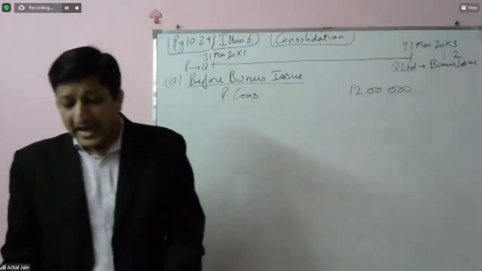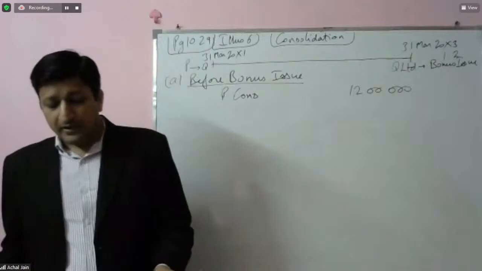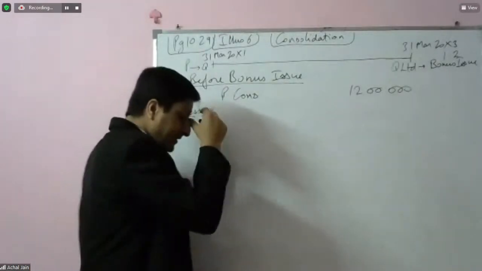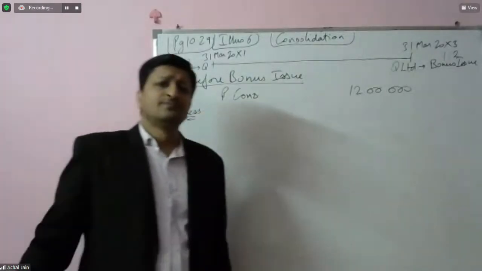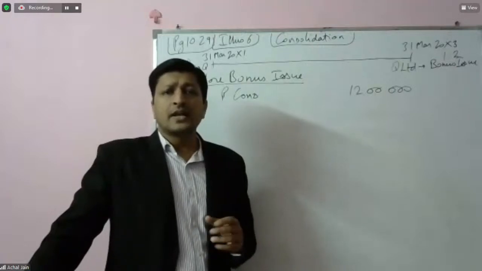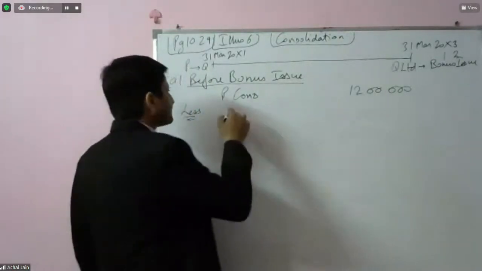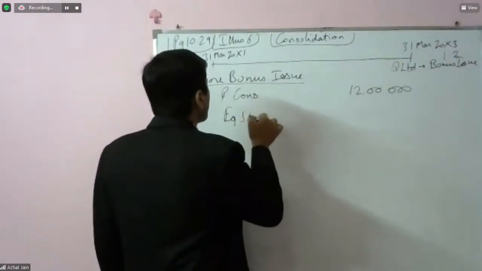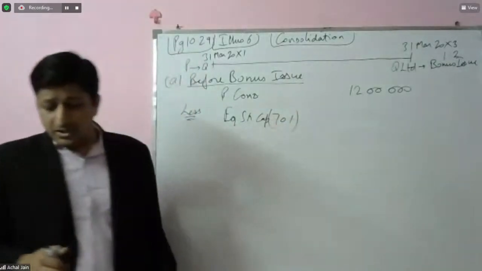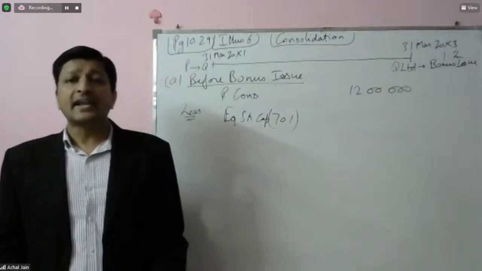And what do we need to reduce? Net assets. Less the proportionate share capital and the proportionate reserves, pre-acquisition, of course. Equity share capital 70%, 10,50,000.